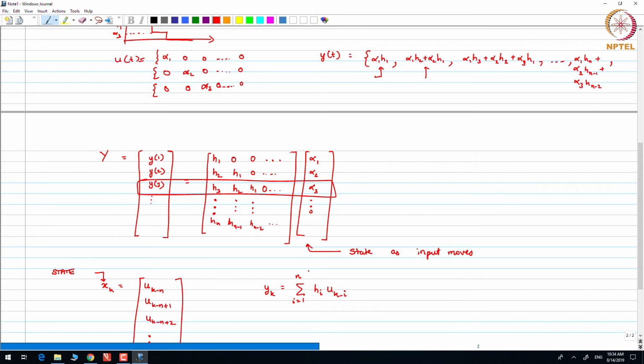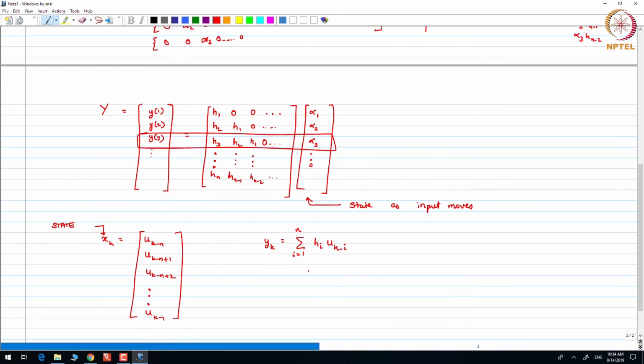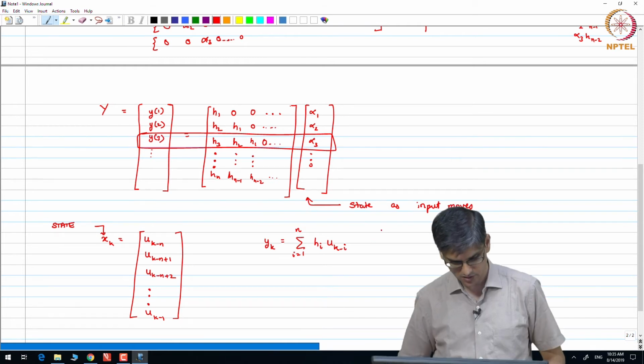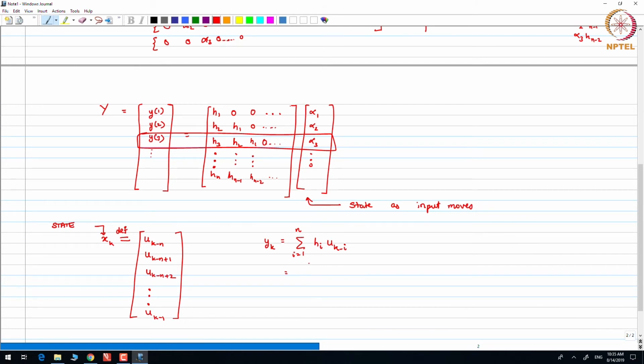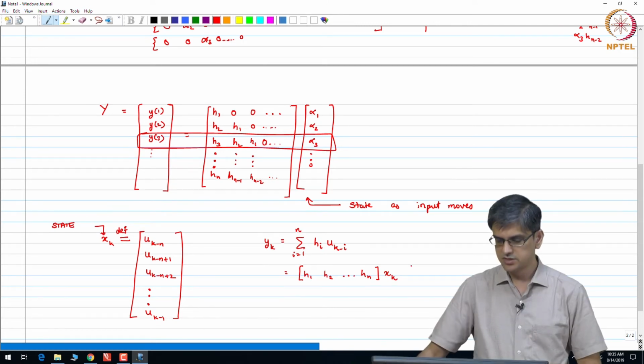So, it is h1 multiplied by uk minus 1 plus h2 multiplied by uk minus 2 plus h3 multiplied by uk minus 3 and so on and so forth. That is the definition. This is what your yk is.